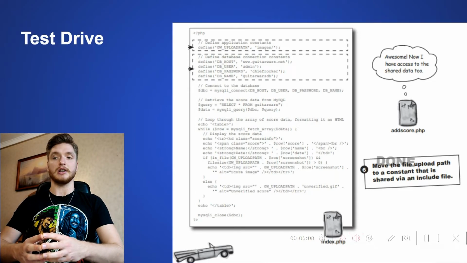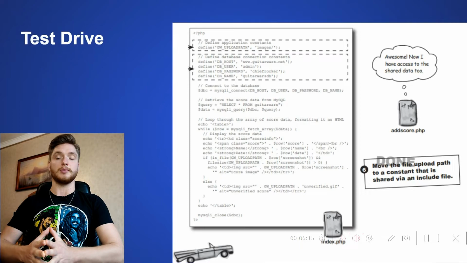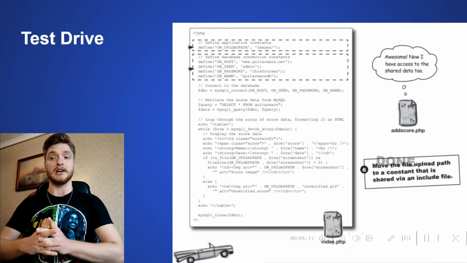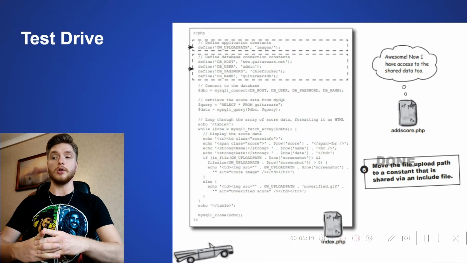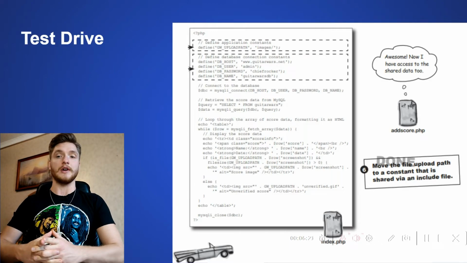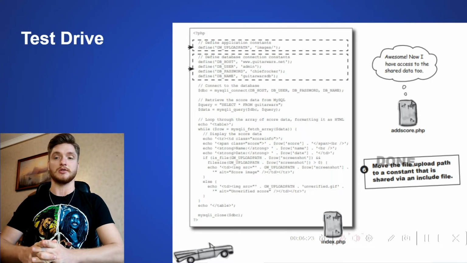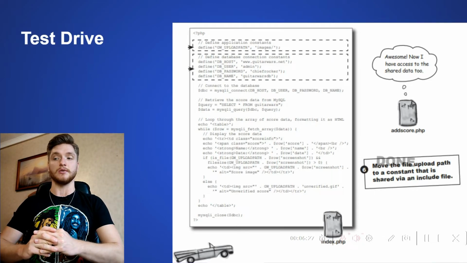Then add require_once statements to index.php and addscore.php so that both shared script files are included. Upload all of the scripts to your web server and try out the add score form and main page to make sure they still work with the new and improved include file organizational structure.